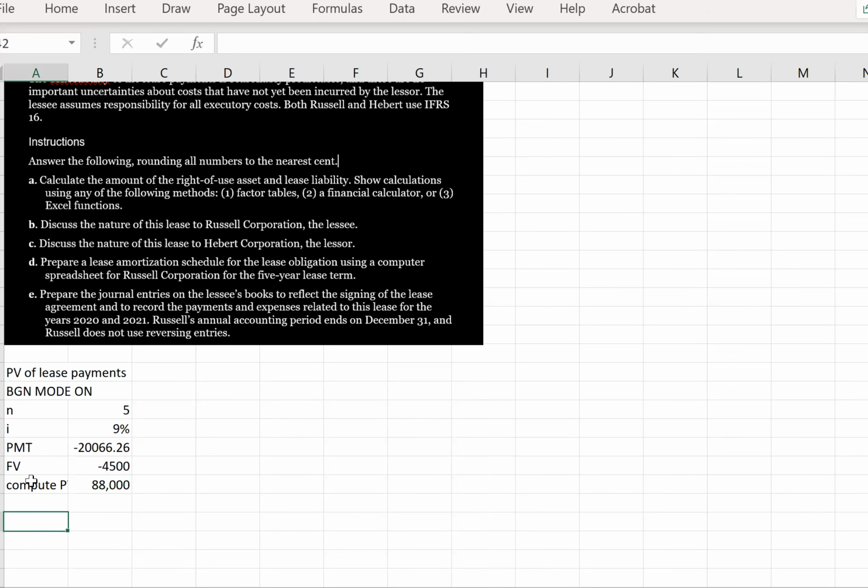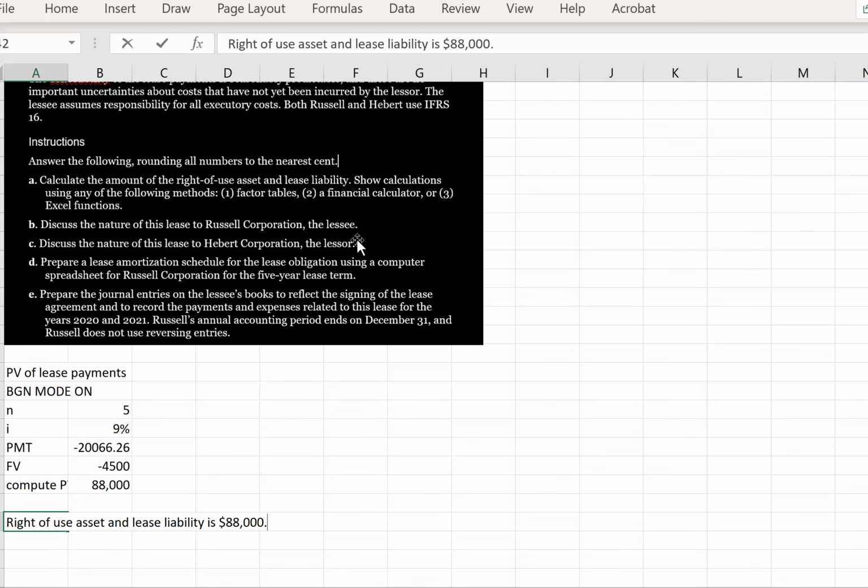Okay, so our right of use asset and our lease liability is $88,000.